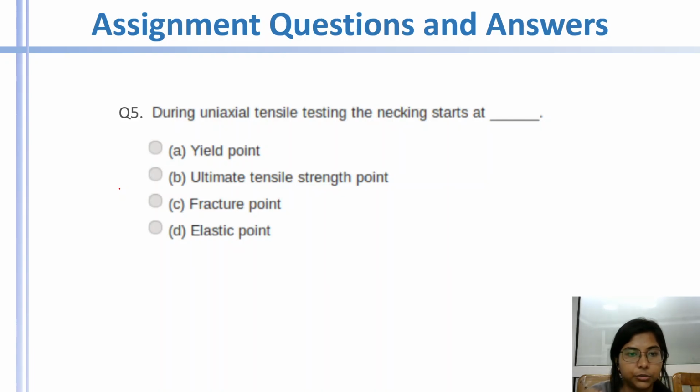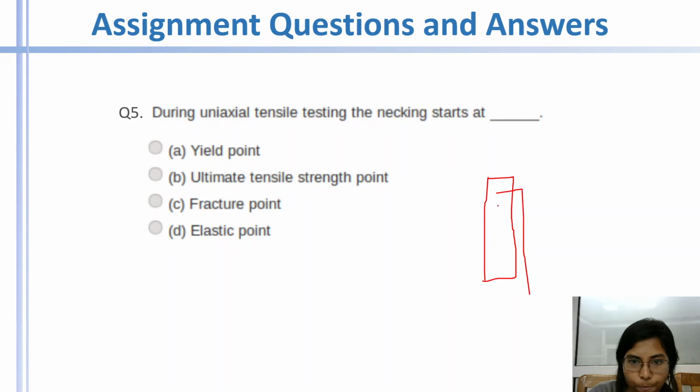Now, in uniaxial tensile testing, what happens? We have a metallic part like this, and it is stretched along one axis, preferably along the middle axis.